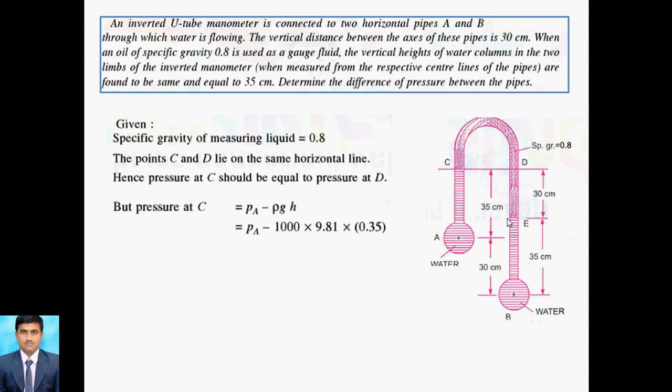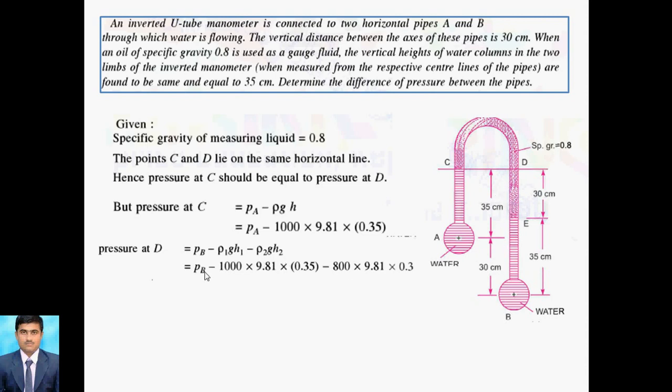Now we go for the right hand side. For PB, we write PB minus this height, rho 1 G H1, minus this height, rho 2 G H2.